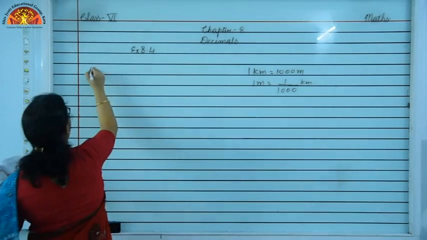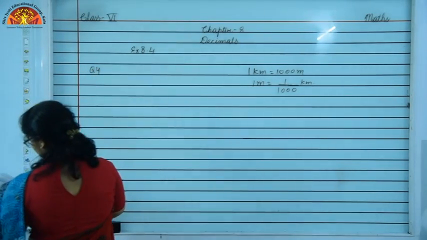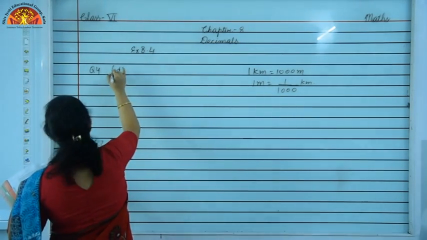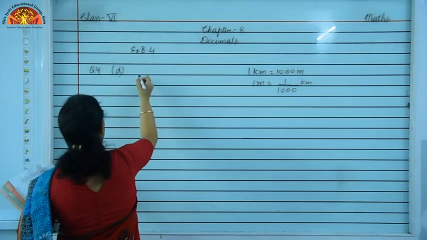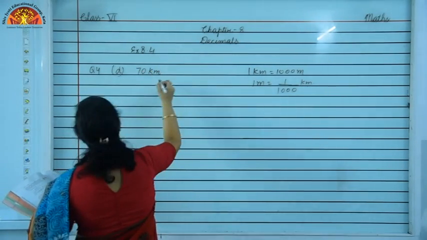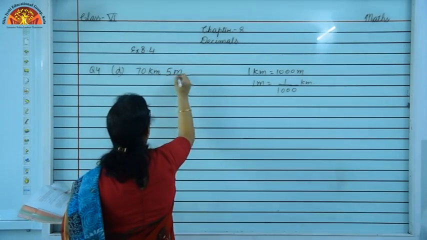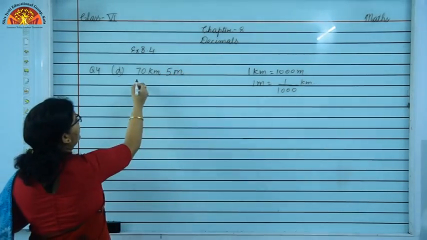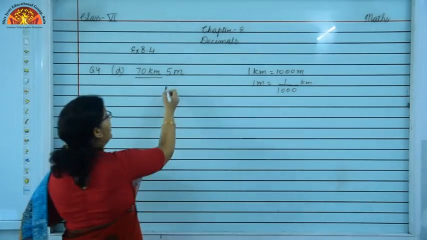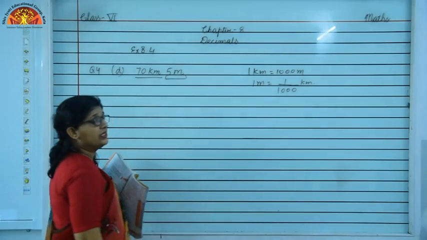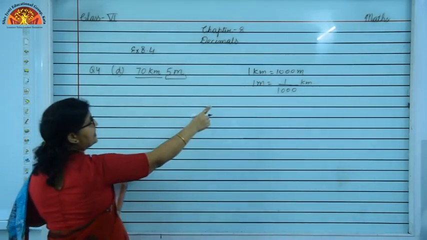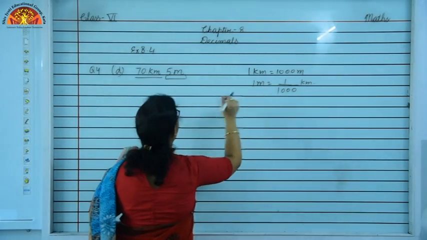Now question number 4, D part is 70 kilometer 5 meter. Now no need to convert 70 kilometer into kilometer because it is already in kilometer, and we convert 5 meter into kilometer. So how we convert this? Because 1 meter is equal to 1 upon 1000 kilometer.